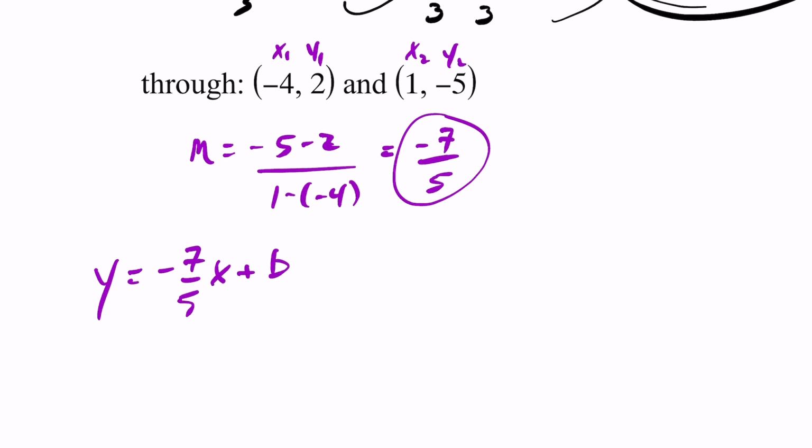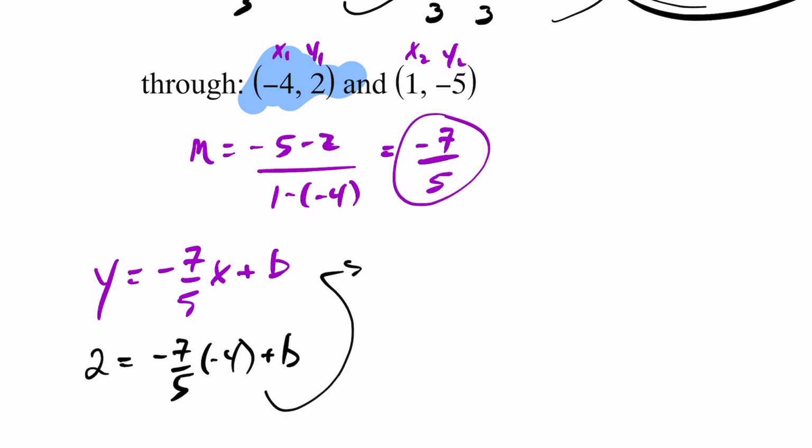I can sub either point in. So I'm going to sub that first point in this time. So my y value is now a 2, and my x value is a negative 4. When you're multiplying these numbers, fraction by integer, this just becomes over 1. So this will end up being, in this case, 28 over 5 plus b. And again, when I multiply this out, I should make sure that it doesn't reduce.